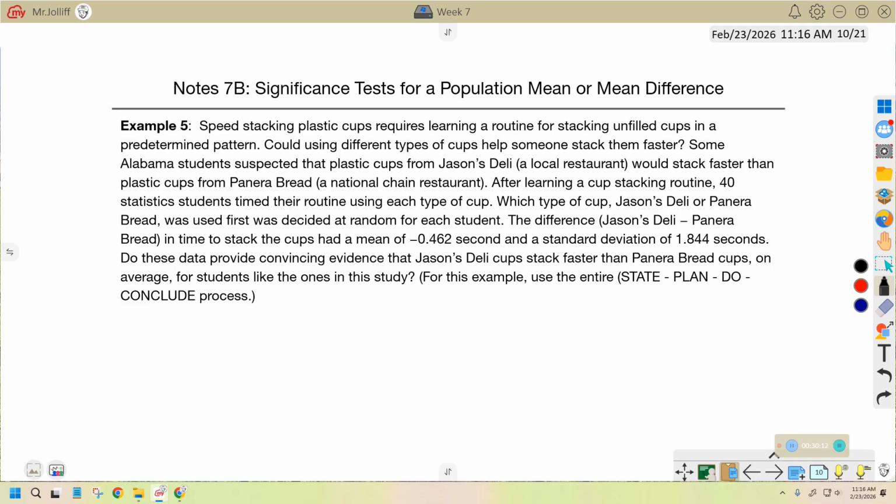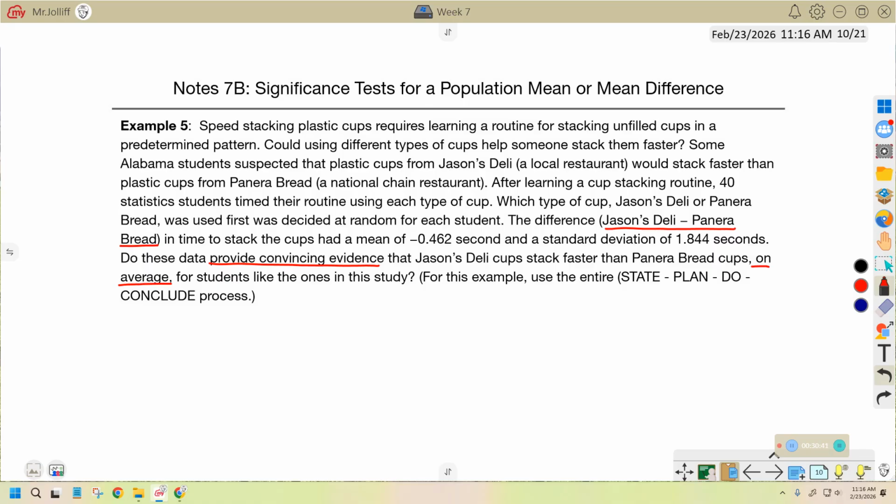So first question, what are they asking us to do? A significance test, because we check that last sentence and we see that famous phrase, does it provide convincing evidence? Very good. It says the phrase on average, so I know I'm doing a claim about a mean. Earlier in the problem, I see Jason's Deli minus Panera Bread, so I suspect this is a mean difference.